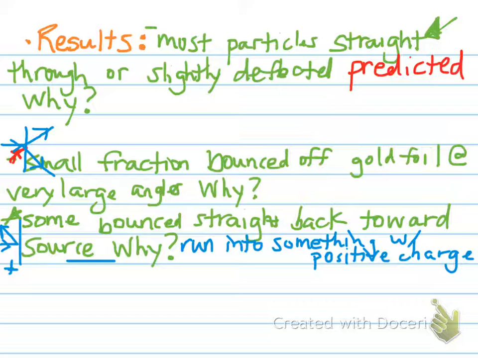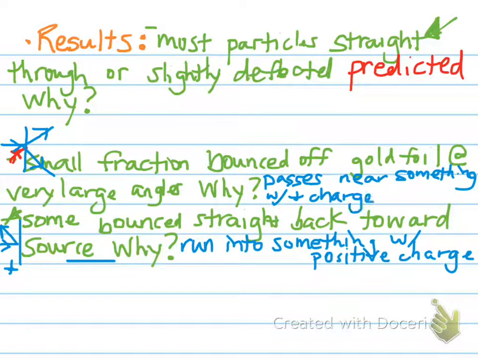So he said, okay, if that's what's happening, well then what is happening when it comes off at these really large angles? Well, what if instead of running into it head on, what if it just passes near something with positive charge? And it's kind of pushed away.